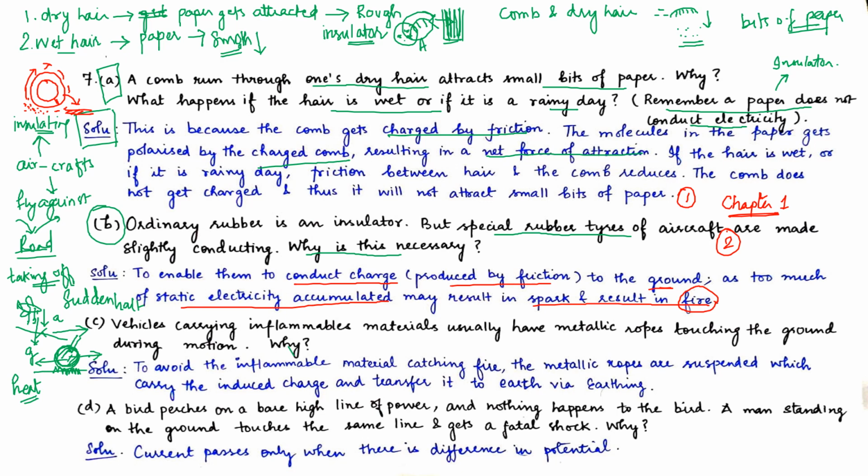Now we will go for subset C, what they are asking us in question number C and how we are going to deal with it. Now see, vehicles carrying inflammable material usually have metallic ropes touching the ground during motion. Why so?